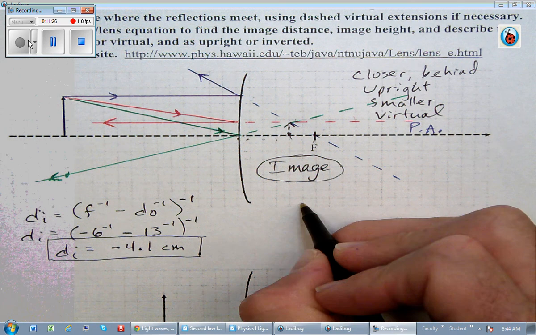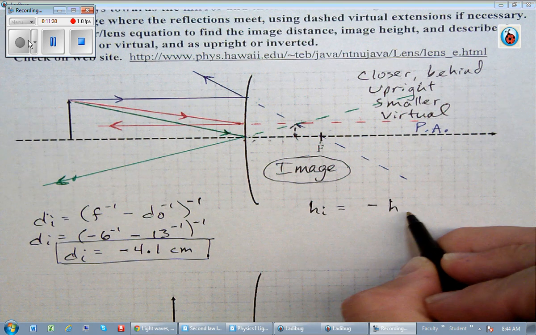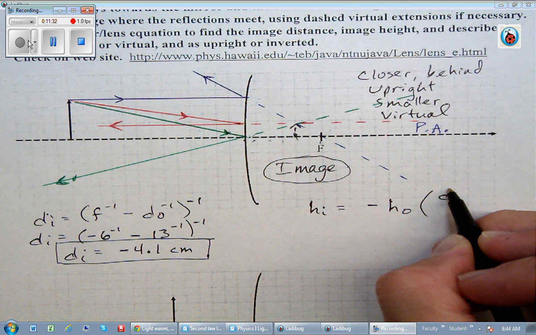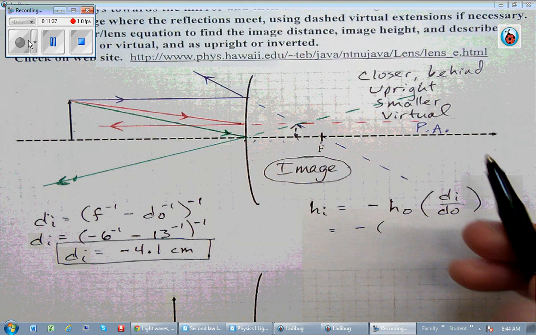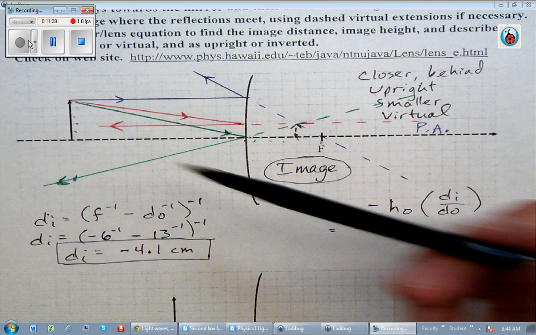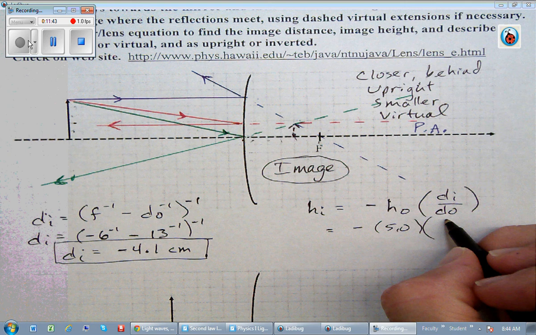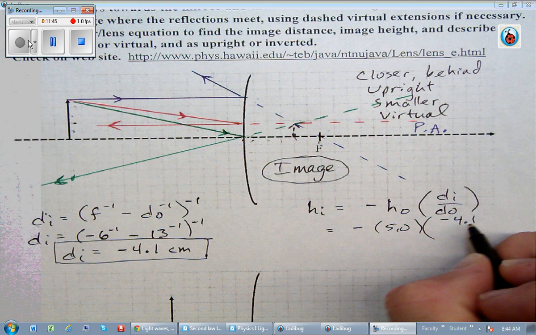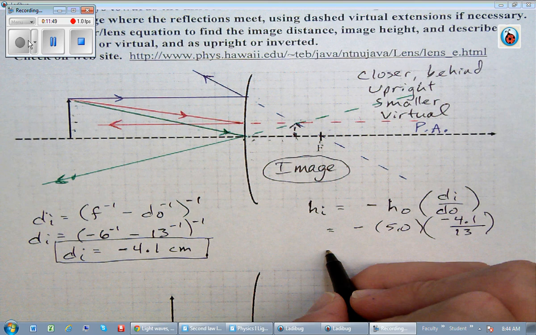Then we'll do the height calculation for the image. This is the negative of the object's height times the ratio of DI to DO. The object's height here, we counted before, that was 5 units tall. DI we just found is -4.1, and the original DO was 13. You see that the two negative signs are going to cancel out.